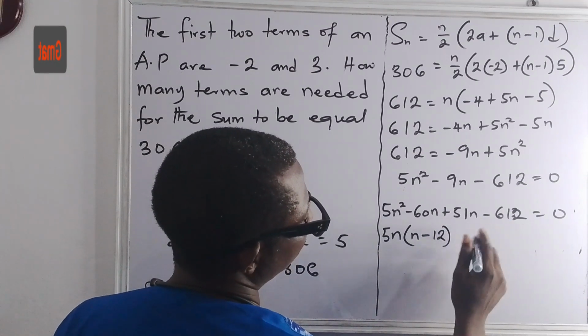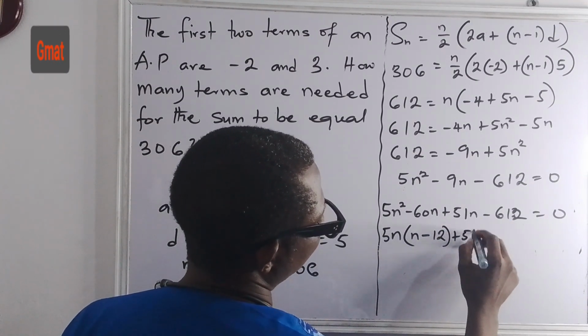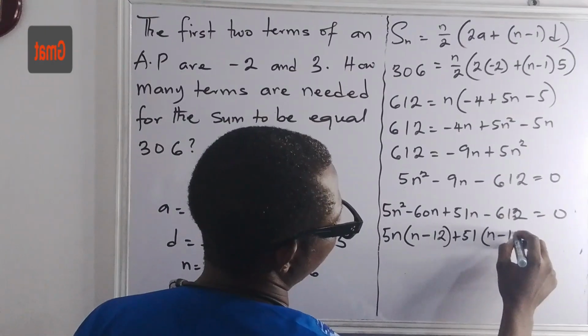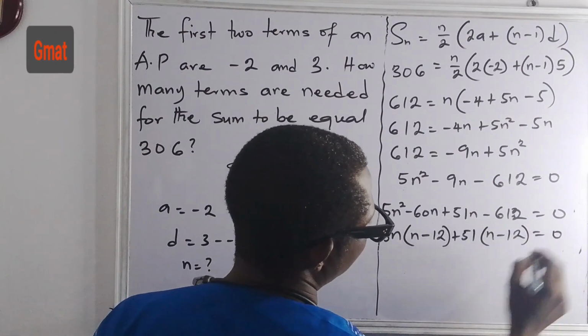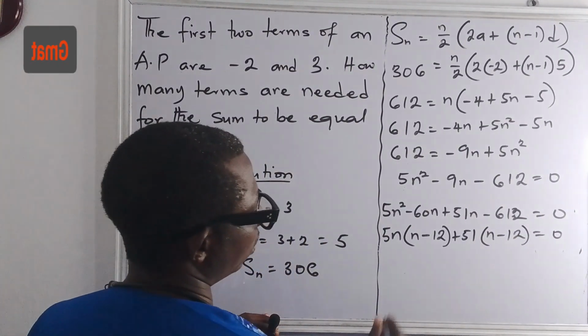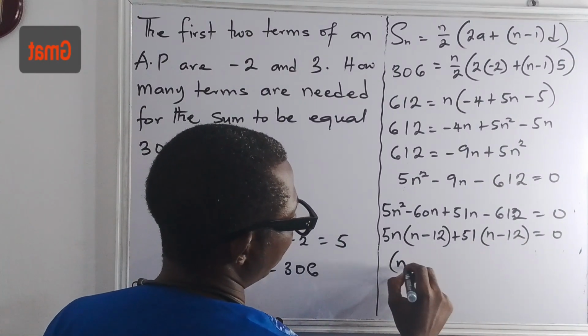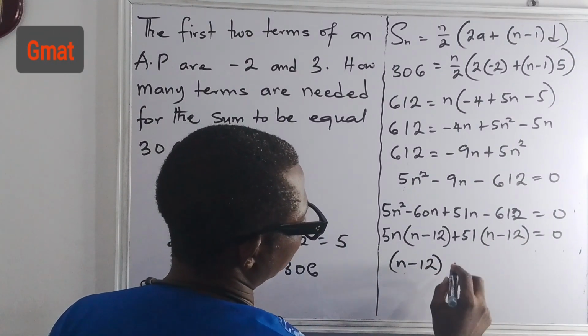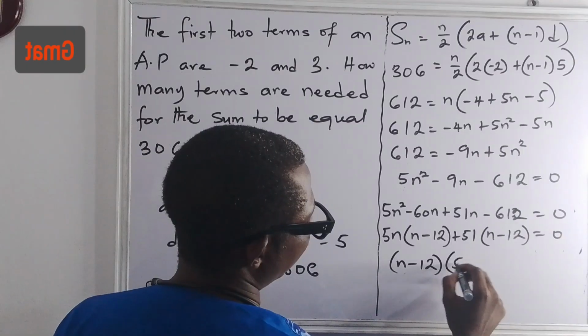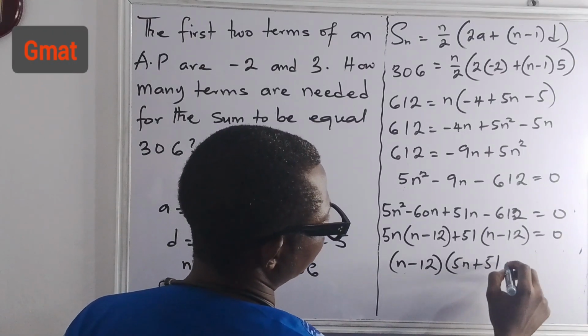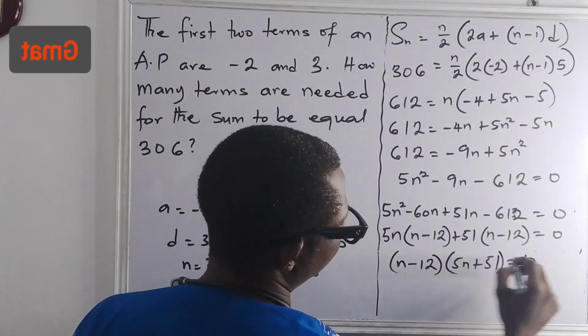Now the common factor here is 51. So you have plus 51 and minus 12 equals 0. Okay, so now you factor out n minus 12. So you have n minus 12 times 5n plus 51 equals 0.